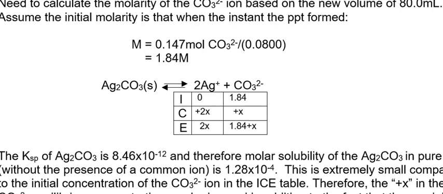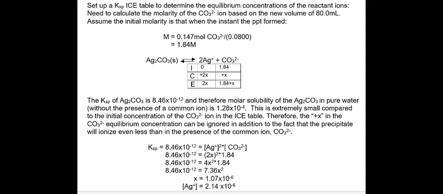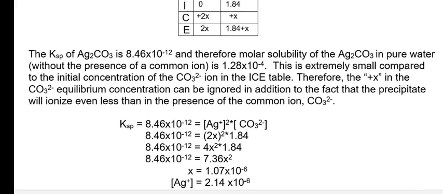The initial concentration of silver is assumed to be 0, and for the initial concentration of the carbonate we're going to use the ending concentration from our first part, the amount of excess that remained. Represent the equilibrium concentrations as 2x for silver, and we're going to leave the carbonate concentration as approximately 1.84 because there's going to be such a tiny amount of silver ion that would remain.